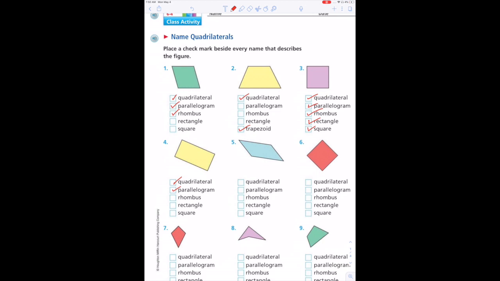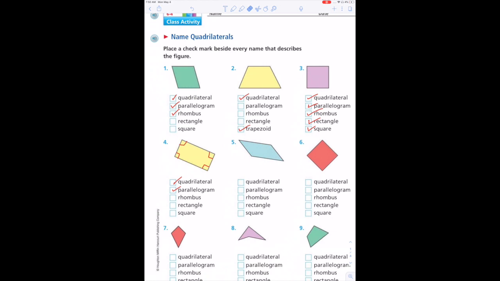Now, to me, this side and this side do not look the same length. One looks a lot longer. So it is not a rhombus, okay? But if I look right here, all of these look like square angles to me.